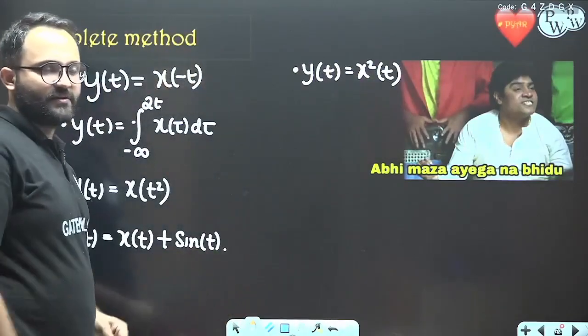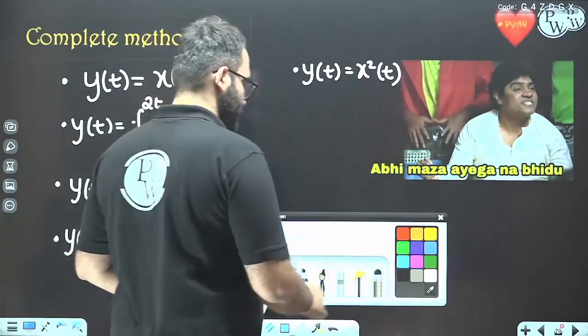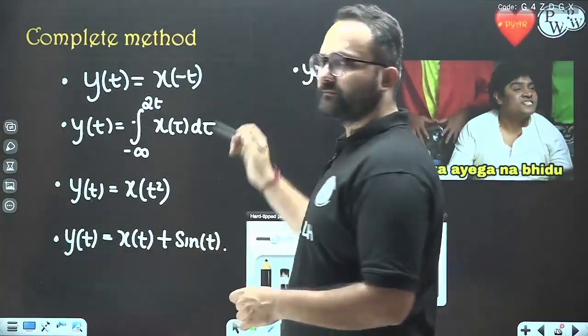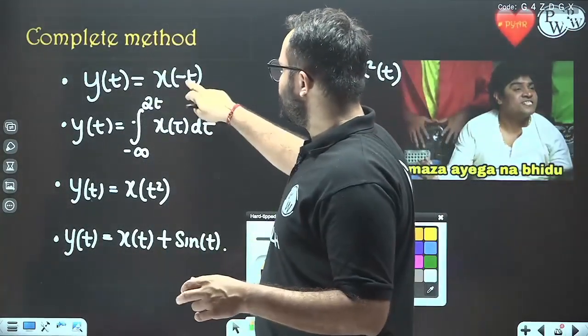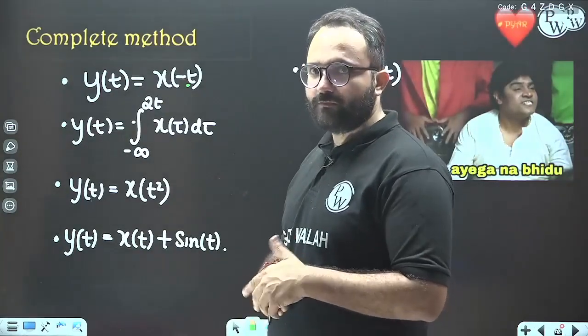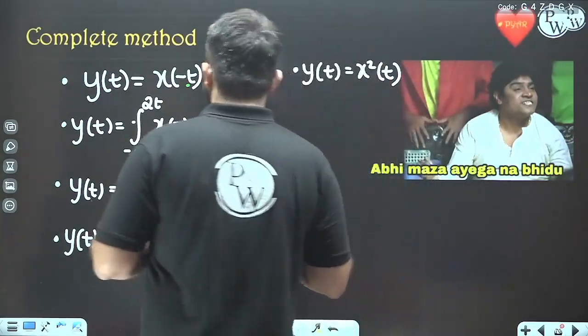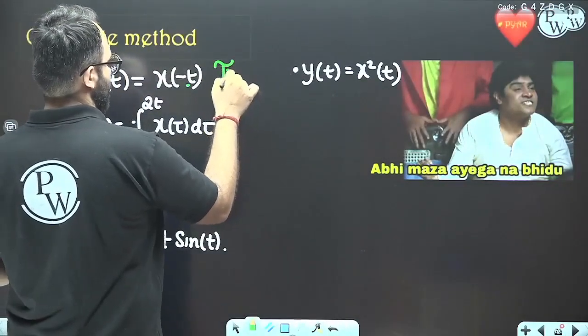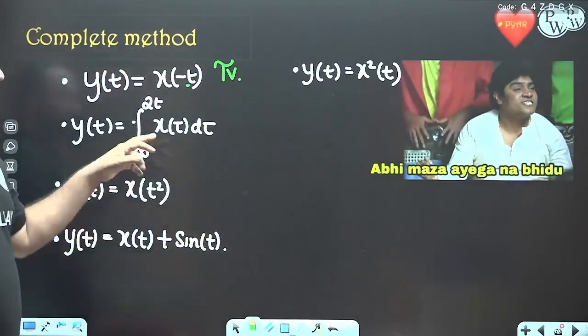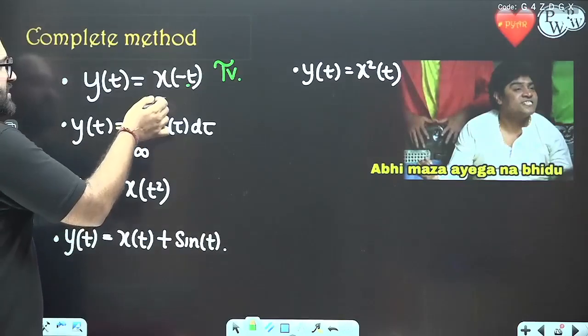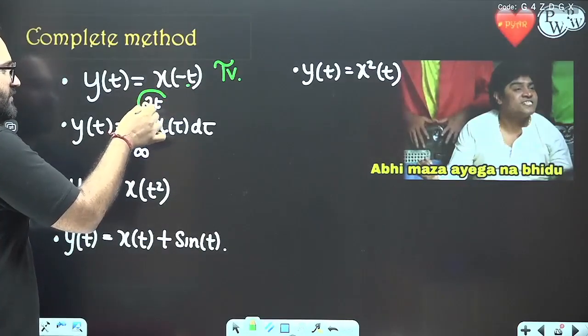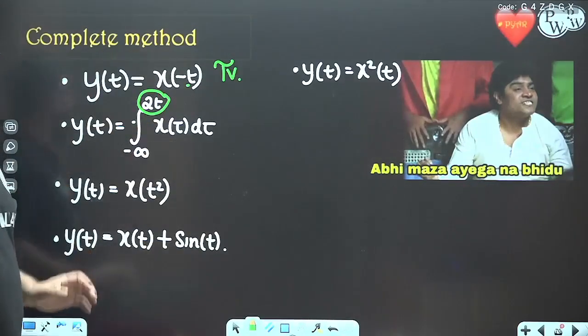Okay, so let's see all the examples. First one, we have manipulated the variable t by minus t. So this is time varying. Okay, here in the next problem, we have changed the variable t by 2t. We have multiplied the variable t by 2.